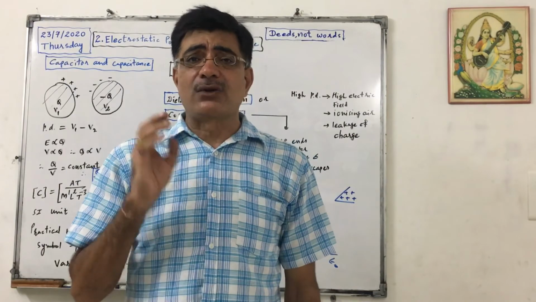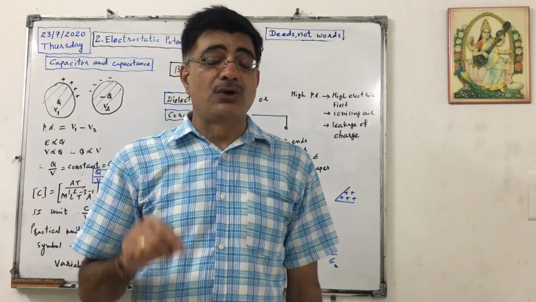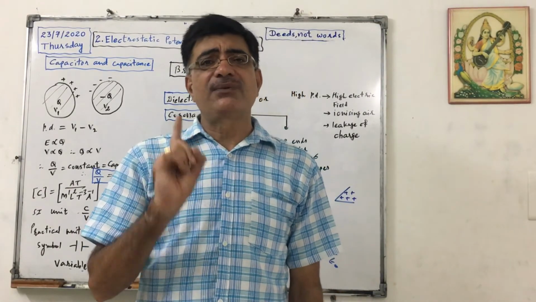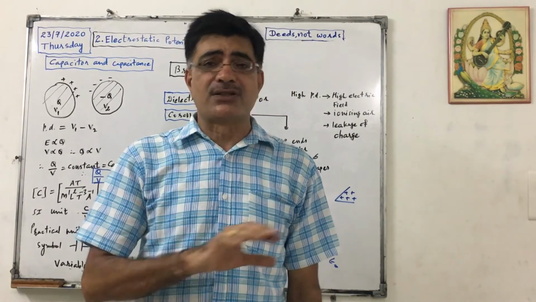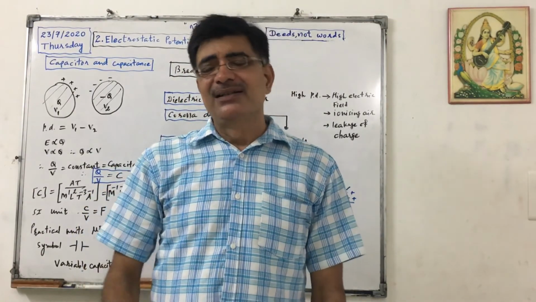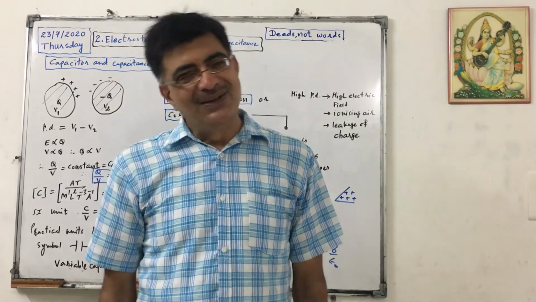In that case, electrons can escape. This type of leakage is called dielectric breakdown or corona discharge. The maximum value of electric field for which leakage of charge does not take place is called dielectric strength. For air, it is approximately 3 into 10 raised to 6 volt per meter.